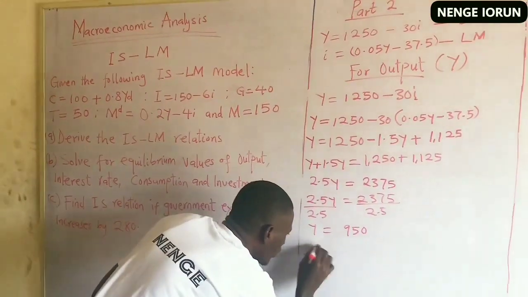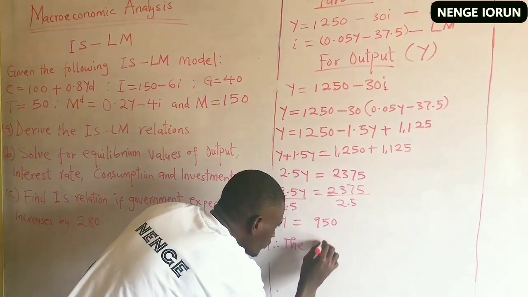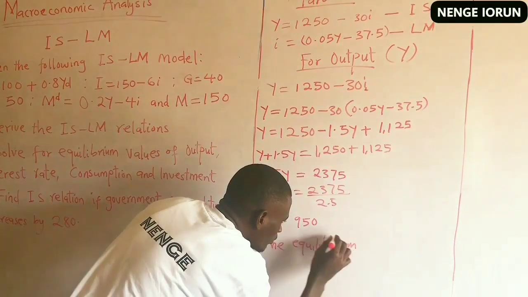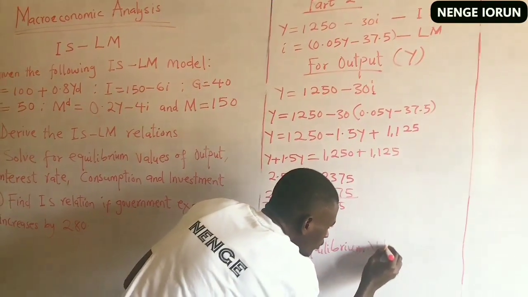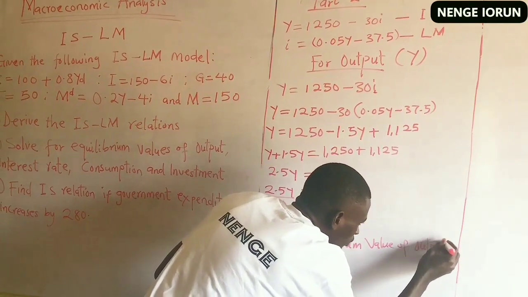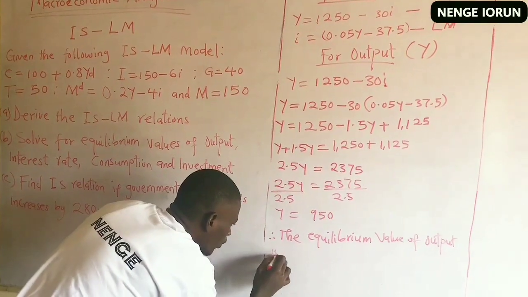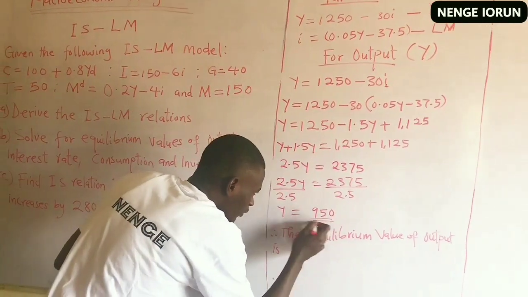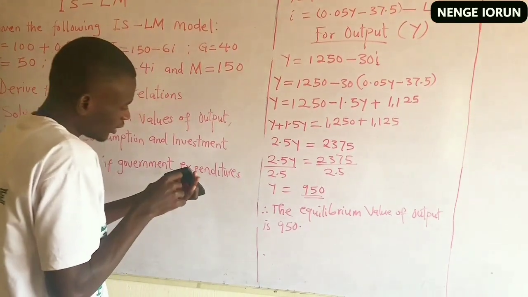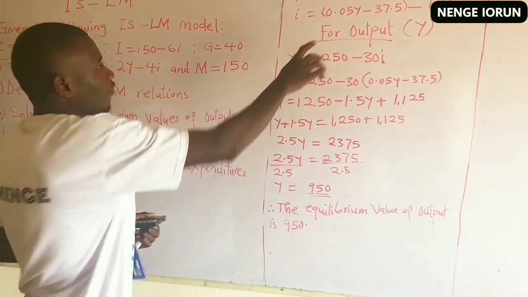Therefore, the equilibrium value of output is 950. That is the equilibrium value of output.